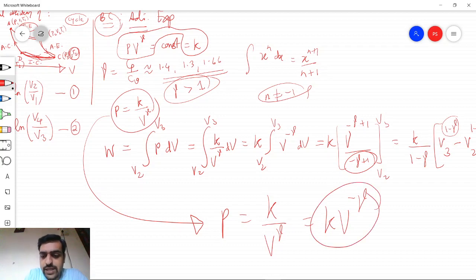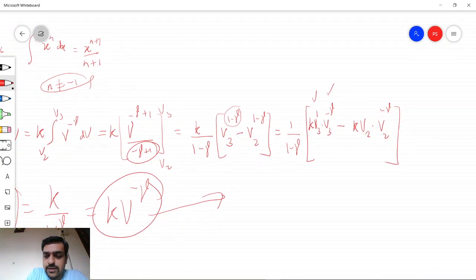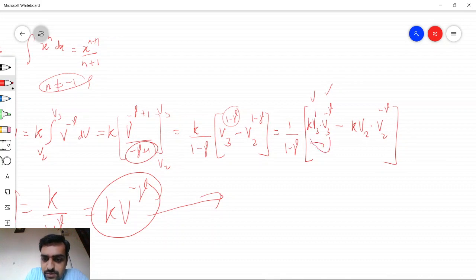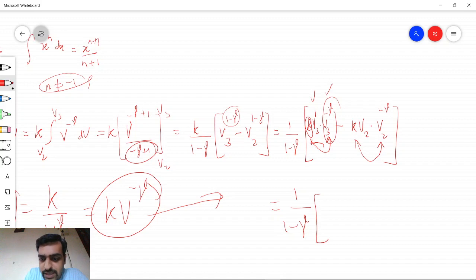So K into V raised to minus gamma is just P. Clearly this means that K into V raised to minus gamma at both the places can be replaced by P. So we have K into V raised to minus gamma, that is, for V3, it becomes P3 V3, minus K into V2 raised to minus gamma, which is P2 into this term V2.